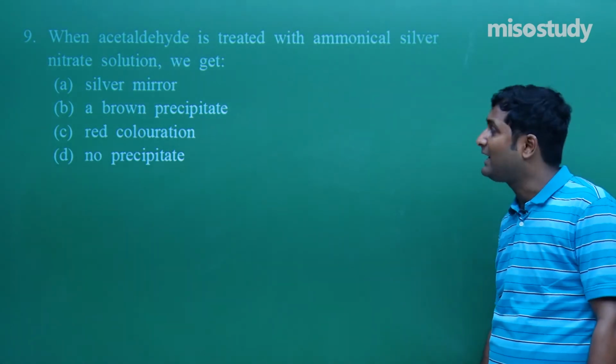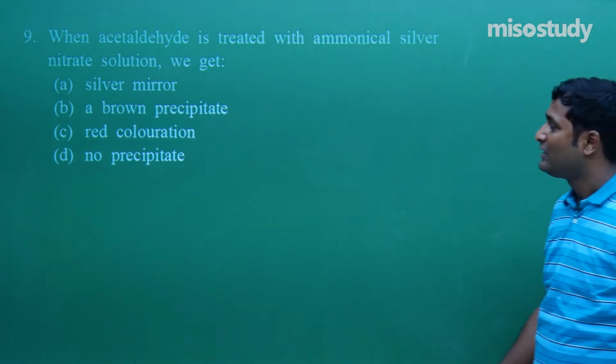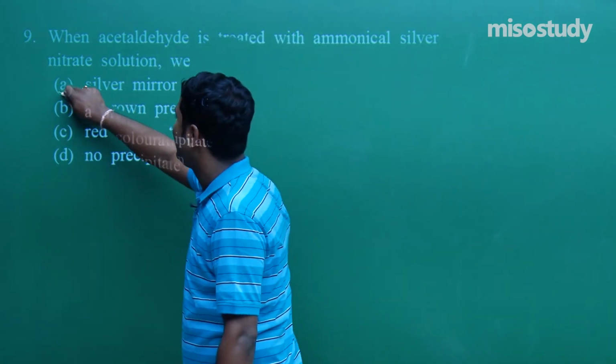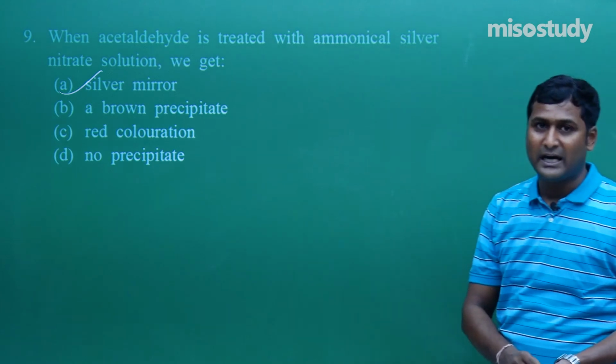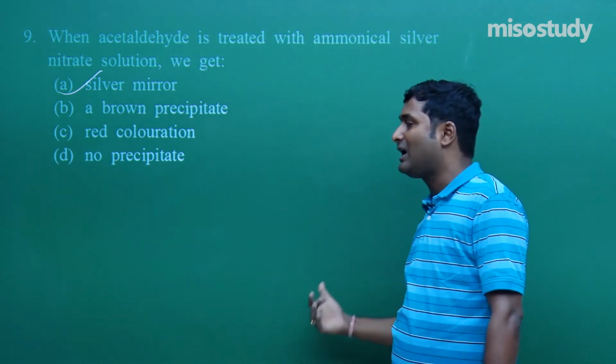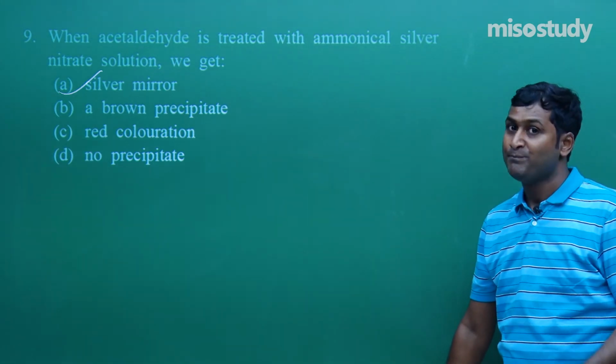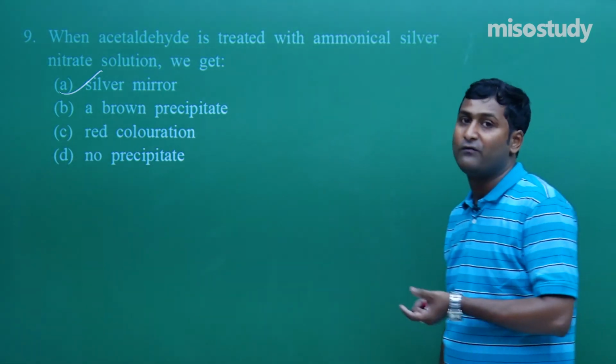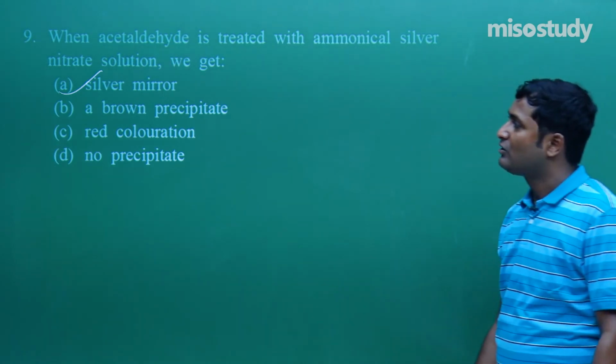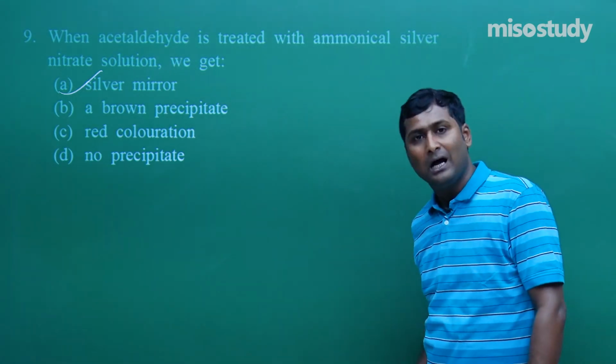This is the simple silver mirror test of aldehyde. Sometimes theory based questions are also asked in competitive examinations, so we have to prepare each and every segment quite confidently, quite easily. Clear? So for question number 9, A is the correct option.